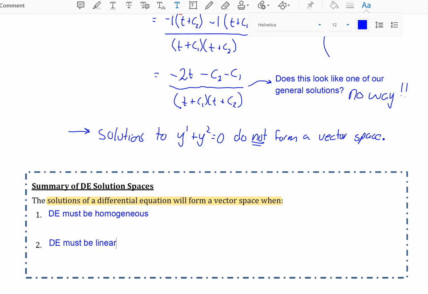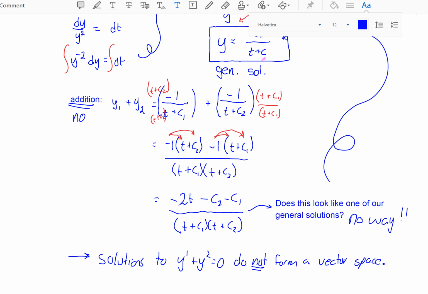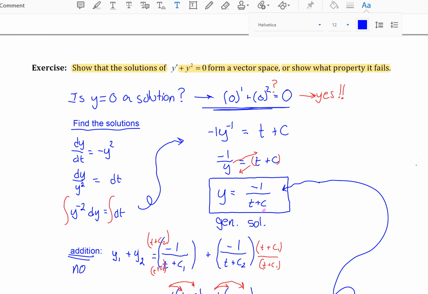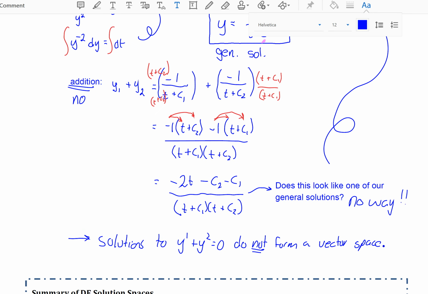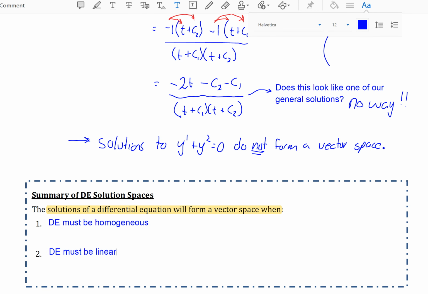As our last example showed, this differential equation y prime plus y squared is not linear. And that's what caused this to fail. You must be linear. Of course, this guarantees us the superposition principle, that the sum of two solutions is still a solution. So that's really what we are looking at, is that the superposition principle will hold. It means your differential equation must be linear.